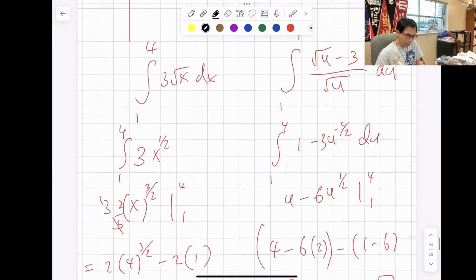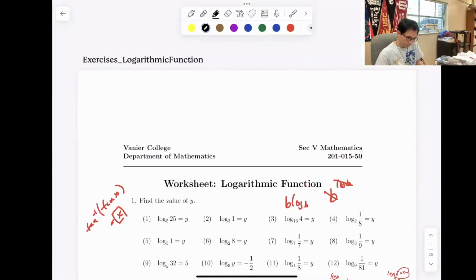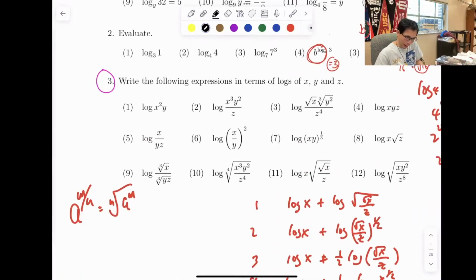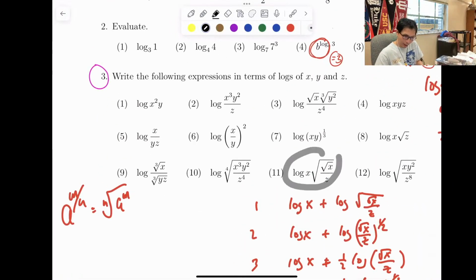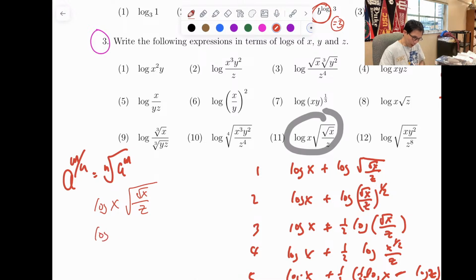So let's look at those questions. Okay, let's look at this question. If you have log of x times the square root of x over z, and that's the first time you see this, it's going to be log of x times square root x over z to the 1/2 power. Does that make sense?